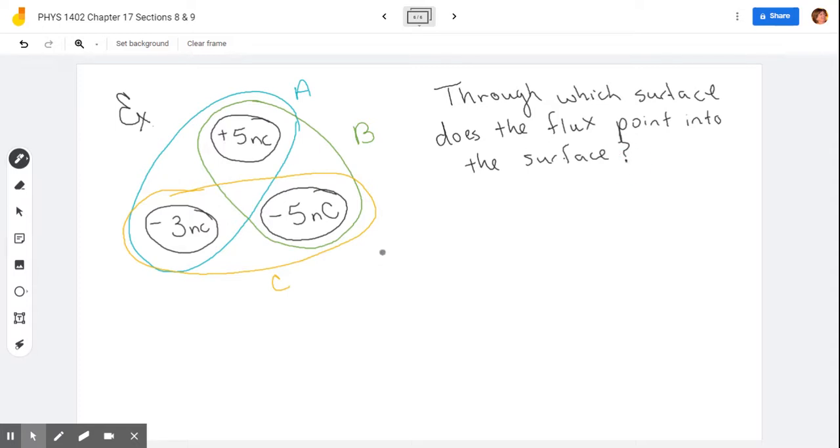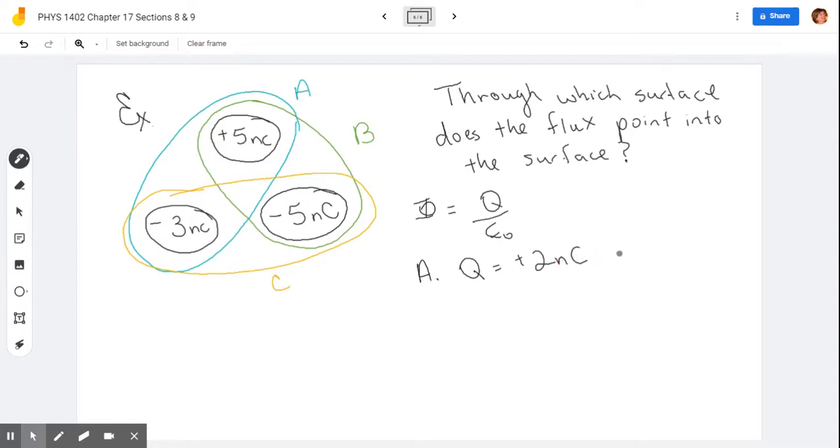Well, the flux is basically simply the total charge over epsilon naught. So let's look at the total charge. For surface A, that is the blue surface, the net charge is positive 2 nanocoulombs.